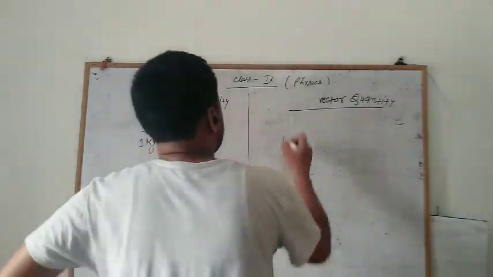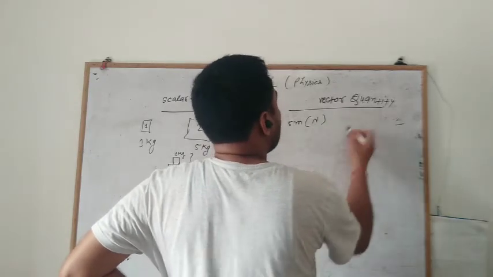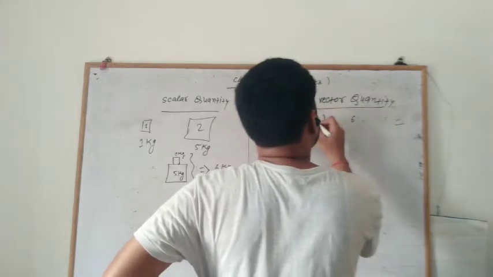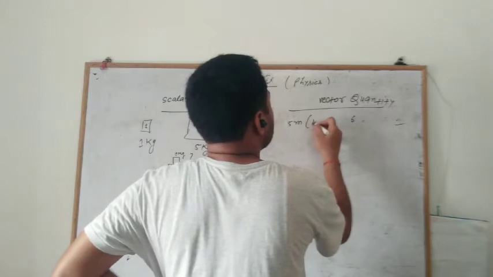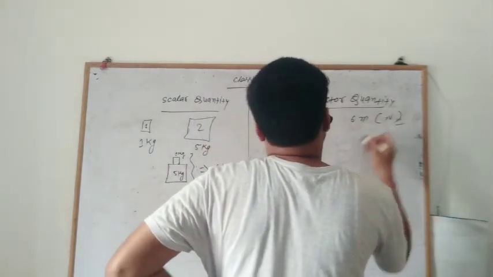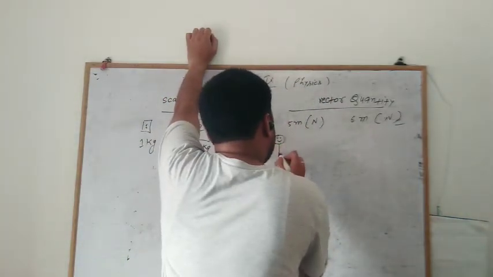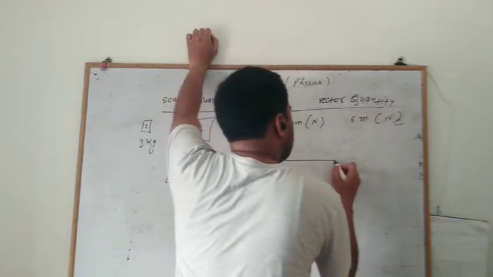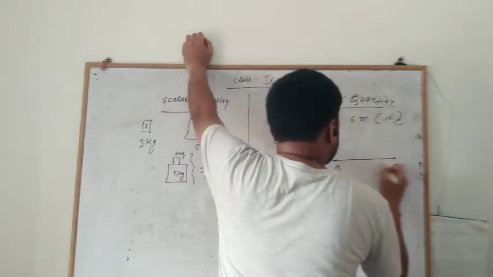Suppose there is a displacement of 5 meters in the north direction, and there is a displacement of 6 meters in the north direction. Consider this is Ram. Ram will be displaced from point A to point B, and then from point B to point C.